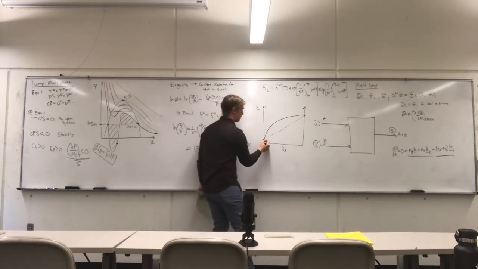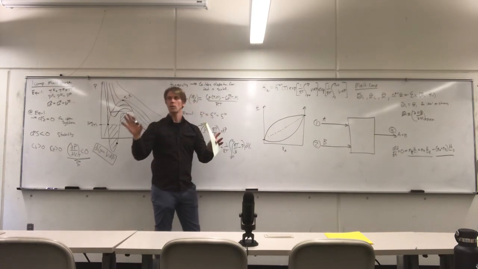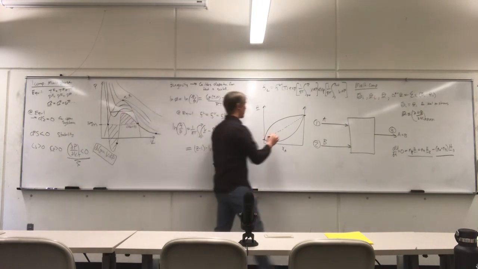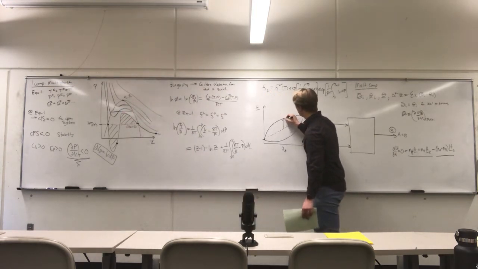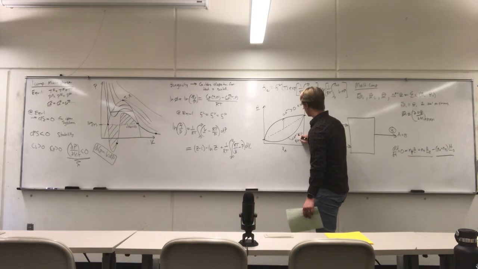Either it could be positive or it could be negative, and the shape can be wild all over the place. In this case here, the enthalpy change of mixing is greater than 0, so this is an endothermic process. In this case here, the enthalpy change of mixing is less than 0. This is an exothermic process.